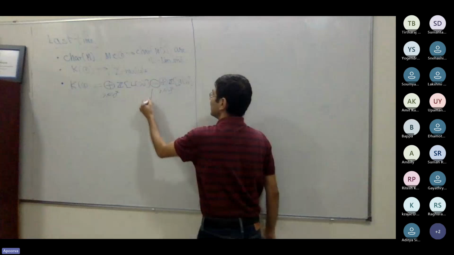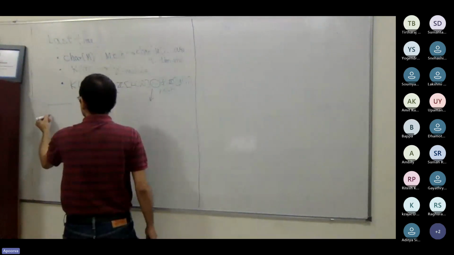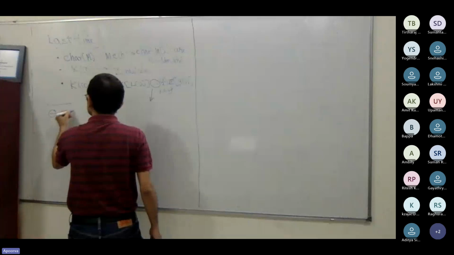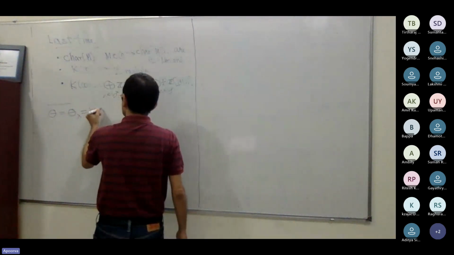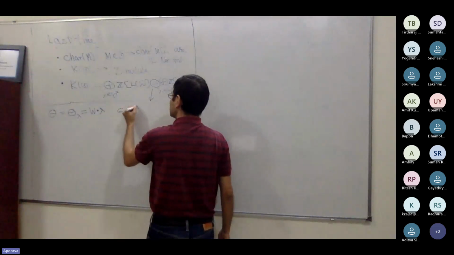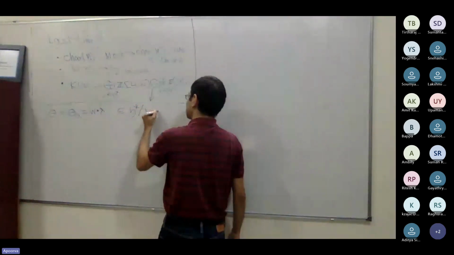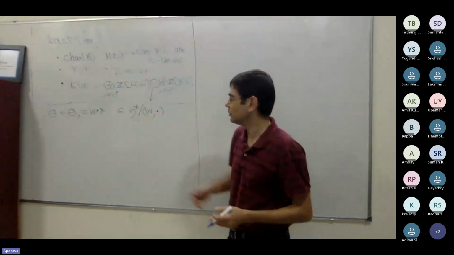To prove this, we did a little more refinement. First of all, let theta, which is theta lambda, just a dot orbit. So let theta be one of these central character classes. This belongs to h star mod W, the set of all central characters, which is in bijection with this by Harish-Chandra's theorem.